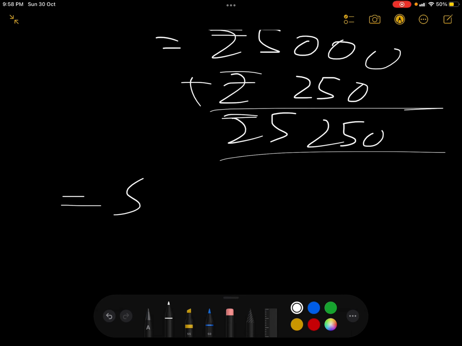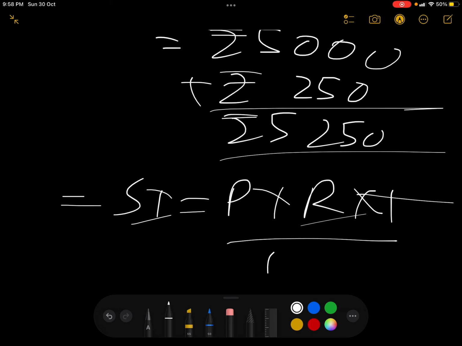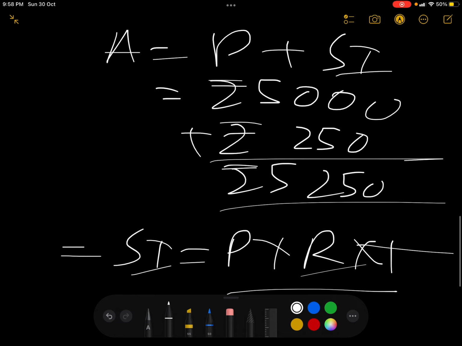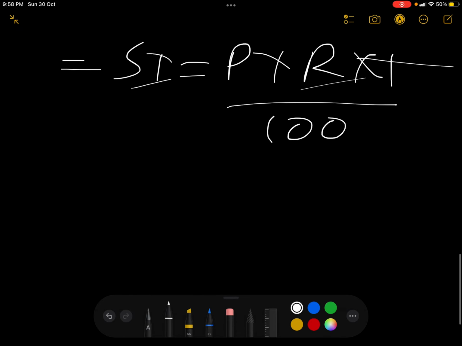When you do the formula PRT by 100, instead of taking 5,000 as your principal, you will take 5,250 as your principal, because the amount of the previous year becomes the principal of the next year.